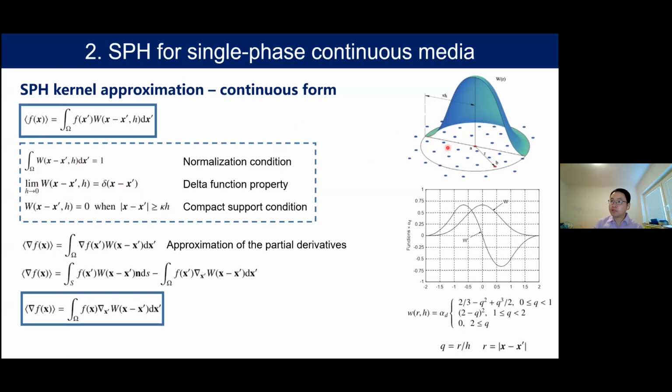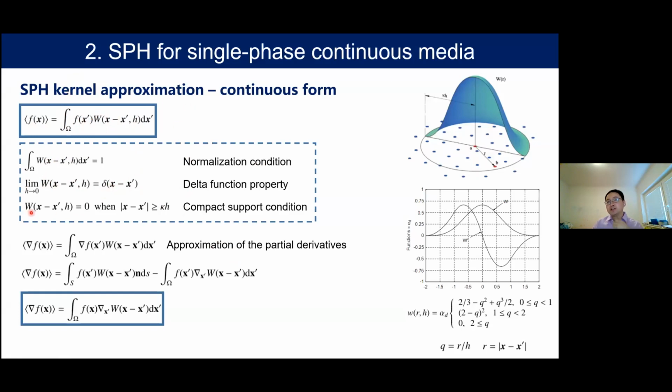For example, if the place that you want to approximate the field function becomes closer and closer to the center, you will find the approximated value is closer and closer to the value at this point. So that means this summation of the weighting function here should be closer and closer to the delta function. These two are enough to ensure the convergence of your kernel approximation.